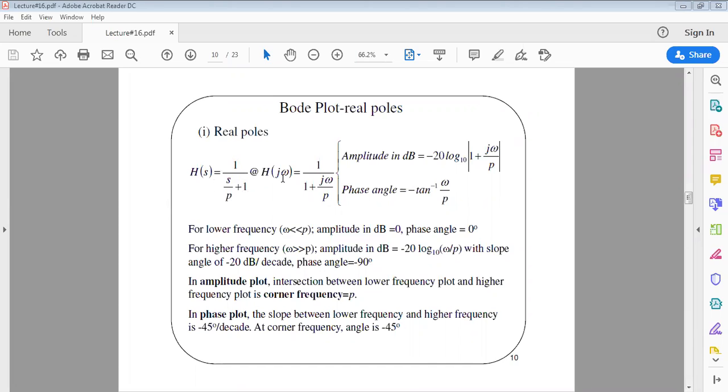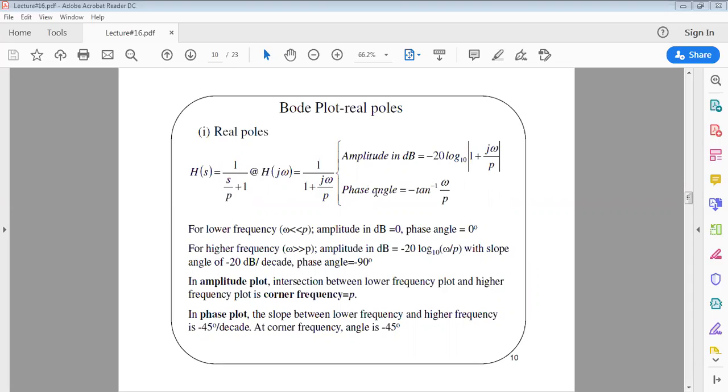In j omega terms, we're going to have H(j omega) equals 1 over 1 plus j omega divided by p. In terms of the amplitude in dB, we can prove that it can be written as negative 20 log of the modulus of 1 plus j omega divided by p.